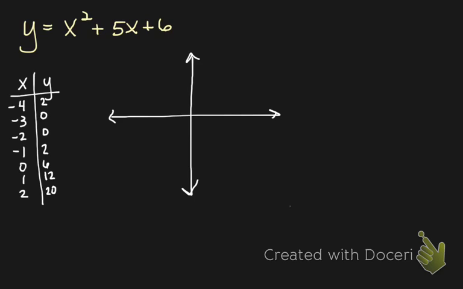So if we take a look at this, what we notice is that our y-intercept, our starting value, happens when y equals 6. Now if we go ahead and look back up at our equation, 6 is our c value to our equation. And this happens because when we plug in 0 for x, we get 0 squared, which is 0, plus 5 times 0, which is also 0, plus 6.